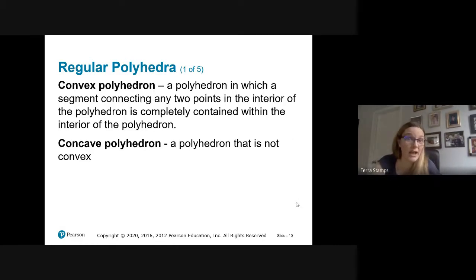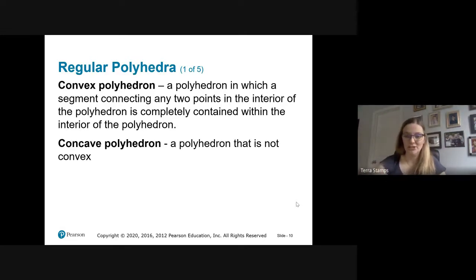So regular polyhedra, so we have a convex polyhedron and concave. We talked about these in terms of polygons, two-dimensional things, where convex, remember, it kind of flexes out, and concave caves in. But we still have that same definition about any 2 points in the interior can be connected by a line segment that is completely contained in the interior.